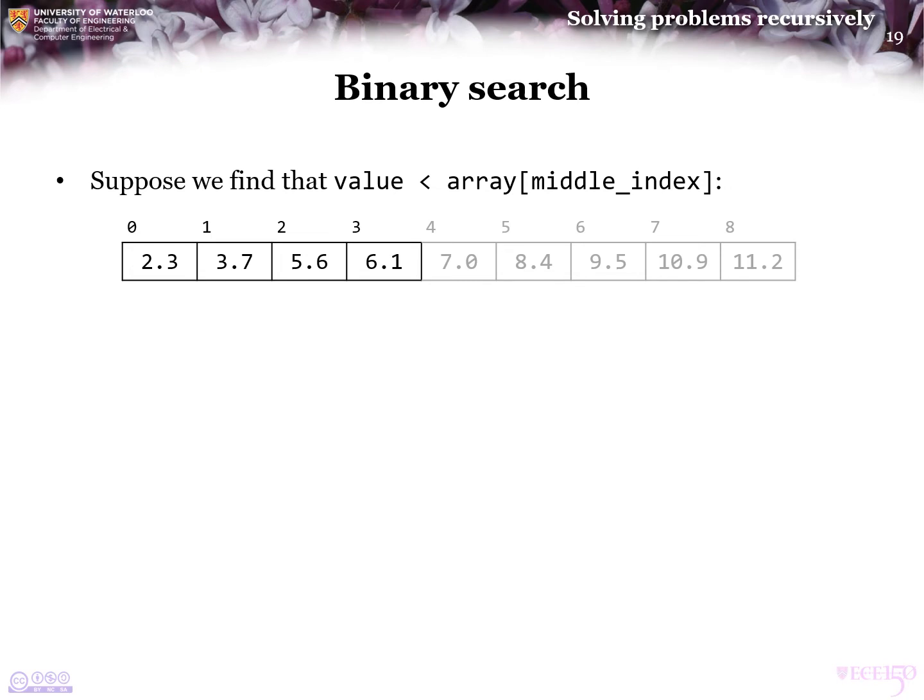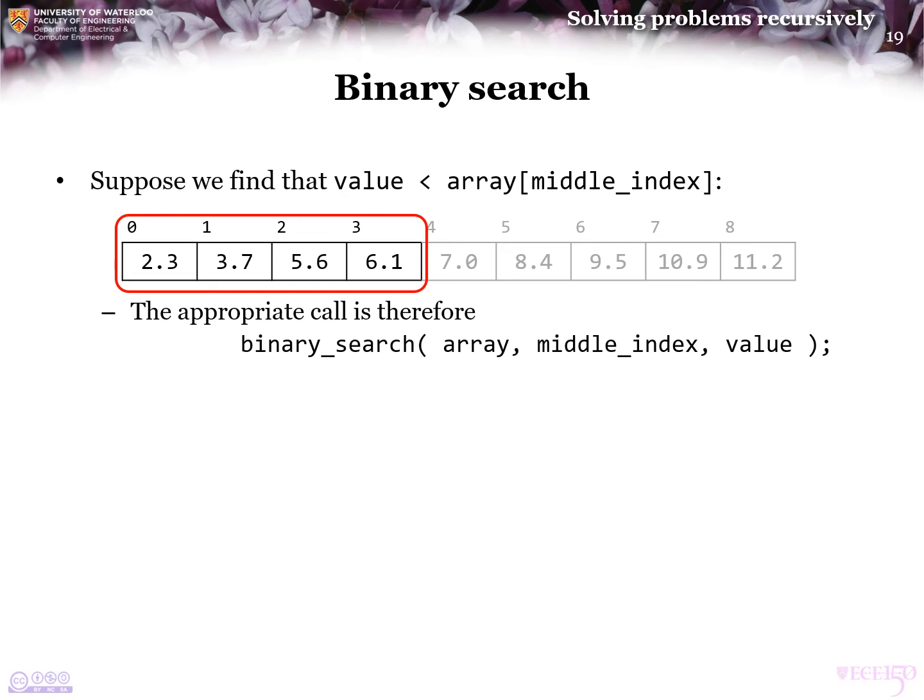Well, suppose that we find that the value we're searching for is less than the entry at middle index. Well, to search this array from entries 0 to 3, the appropriate recursive call would be to have the capacity be middle index, which is 4. So this would search entries from 0 to middle index minus 1.